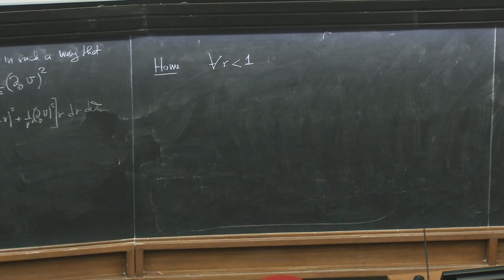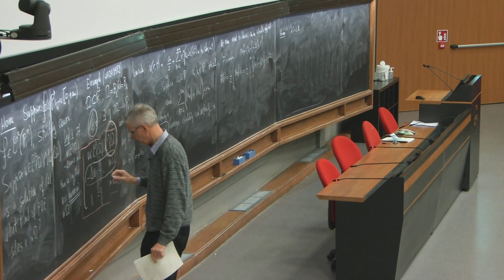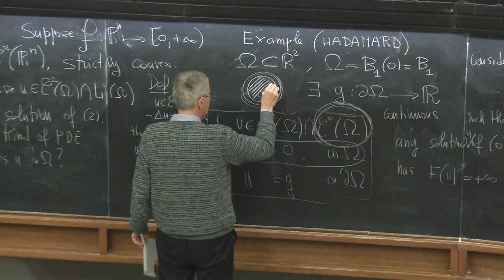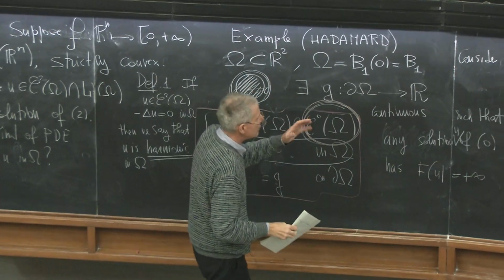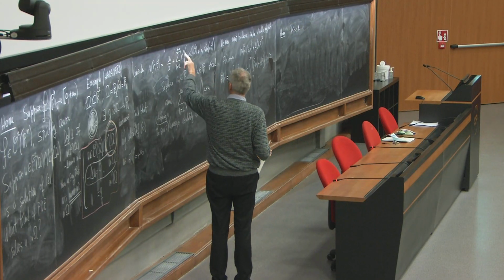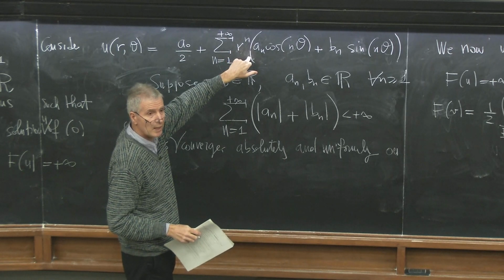If I stay inside, if I don't go too close to the boundary, then when I differentiate with respect to r, there is an n in front, n r to the n minus 1.